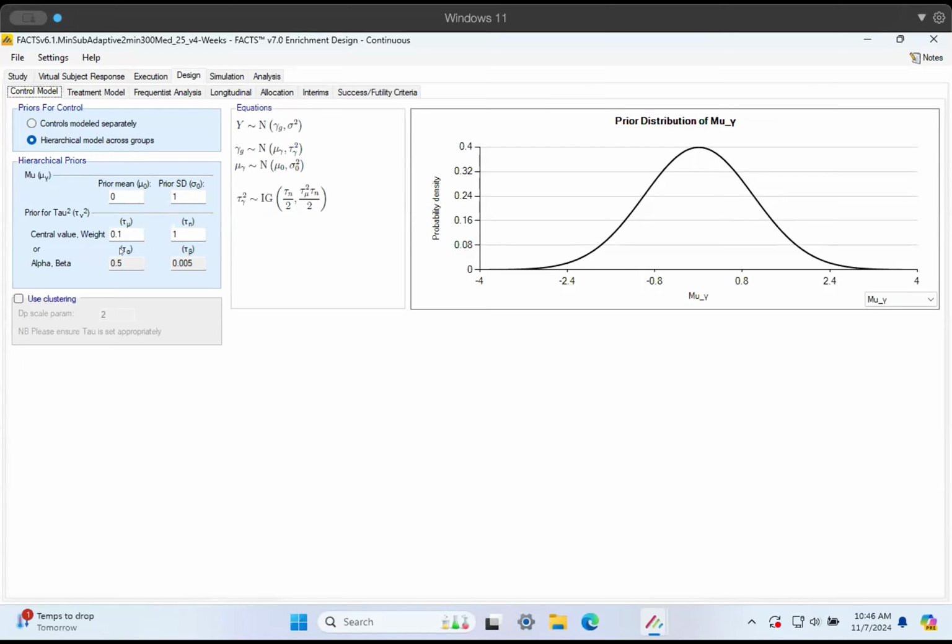What they chose for this study, and this was kind of trial and error, simulate a lot of examples, see what tends to work well, what gives good statistical properties. And what they settled on was a central weight of 0.1 for tau and a weight of 1. So you can kind of think of this as like one location's worth of information placed on a central weight of 0.1.